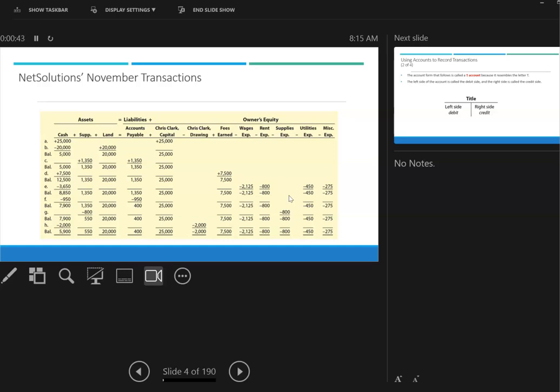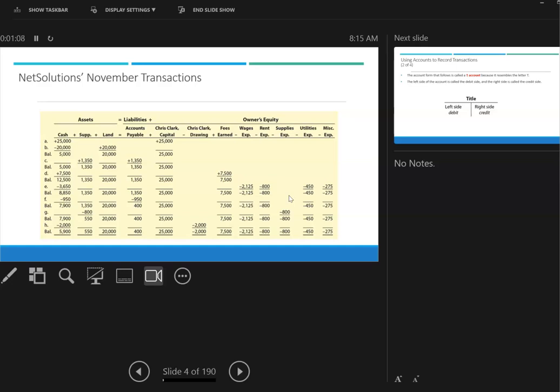And what we learned is those accounts, we did learn some of those accounts last week. We learned that cash is a resource, supplies is a resource, land is a resource, accounts payable is a liability. And guys, apart from one account, any liability will have the word payable after it, except one, which we'll learn about.